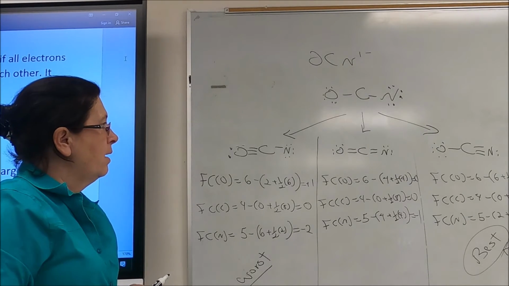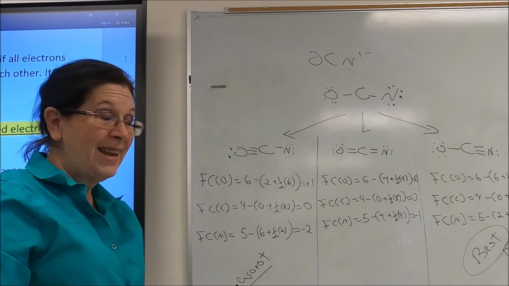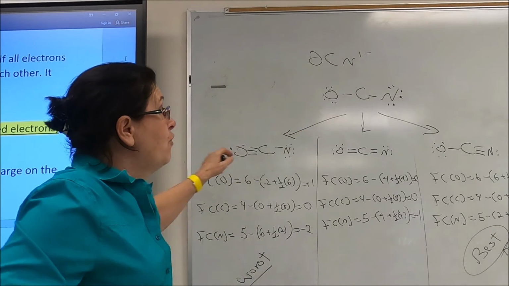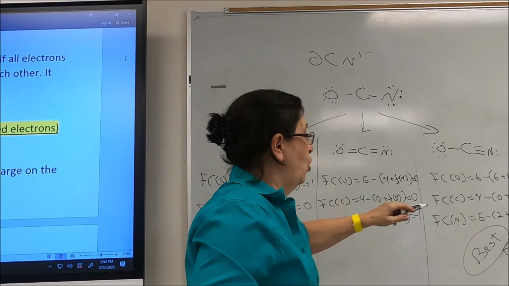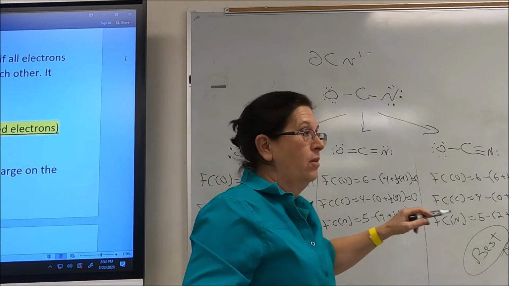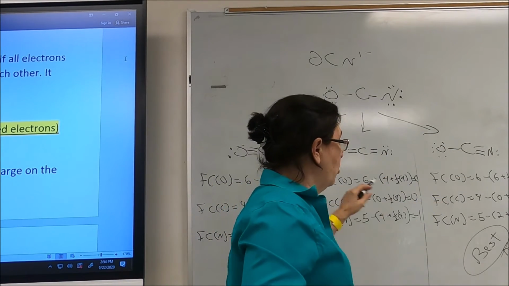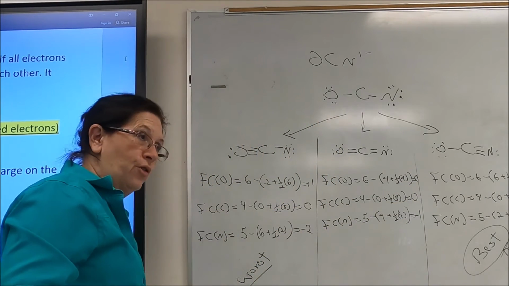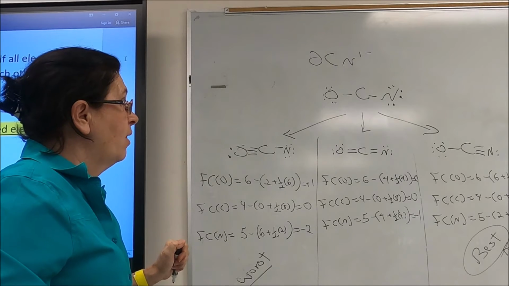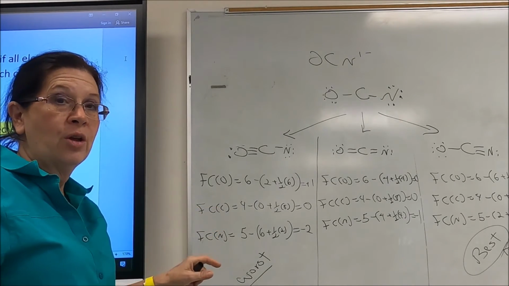Okay? Now, for our test, I'm going to give you resonance structures. And I'm going to ask you which one is the best. So you're going to have to calculate the formal charge, and you're going to have to label them best to worst. Okay? So that's something I expect you to be able to do.